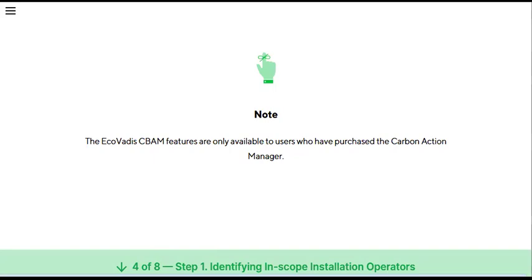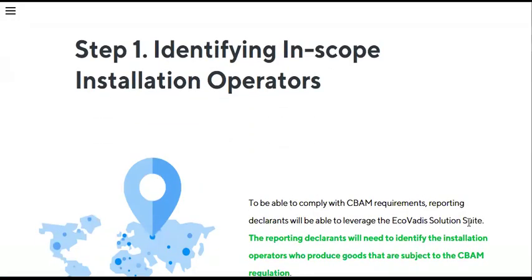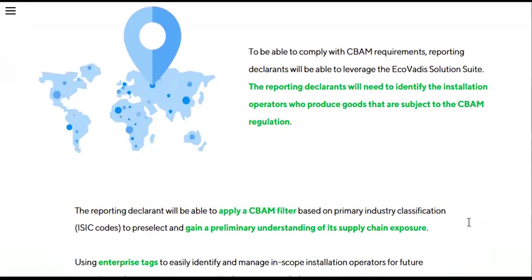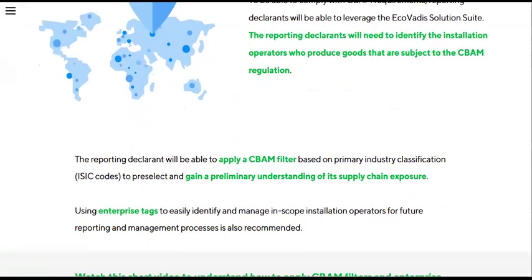Identifying in-scope installation operators. To be able to comply with CBAM requirements, reporting declarants will be able to leverage the EcoVadis solution suite. The reporting declarants will need to identify the installation operators who produce goods that are subject to the CBAM regulation.